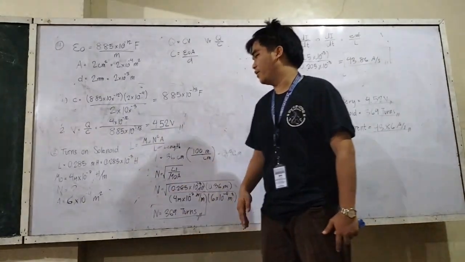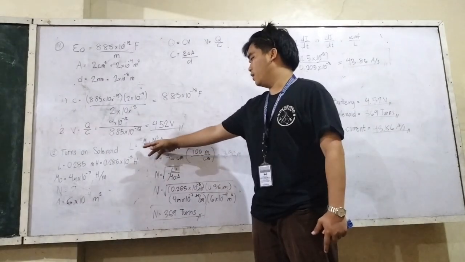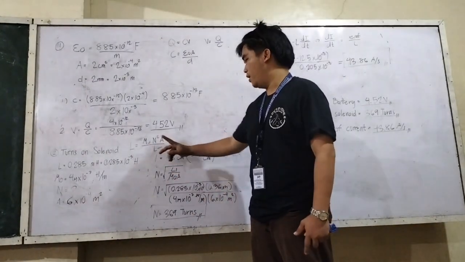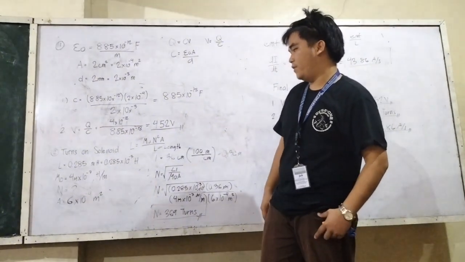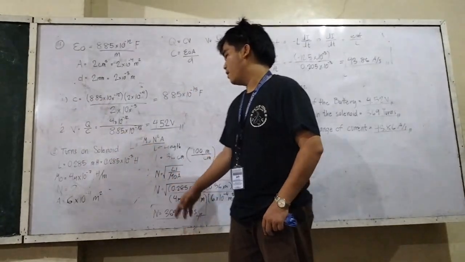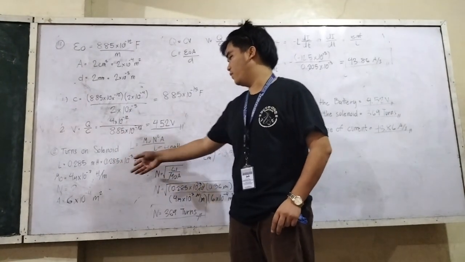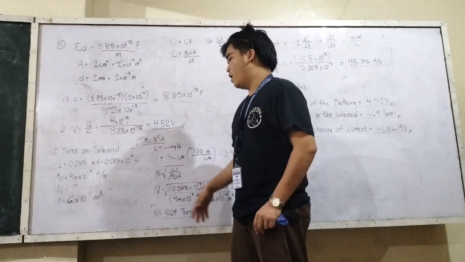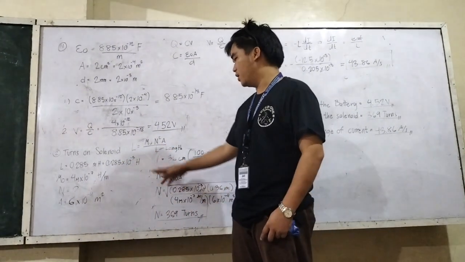So, turns on a solenoid. We have the formula that inductance L equals mu N squared A over length. So we have the given inductance, 0.25 millihenry. We have to convert it into henry, so we have this value 0.25 times 10 raised to negative 3 henry.